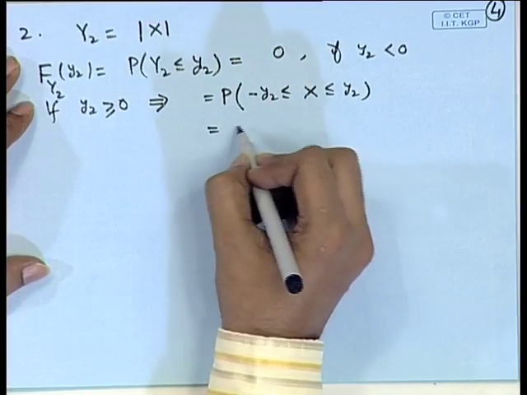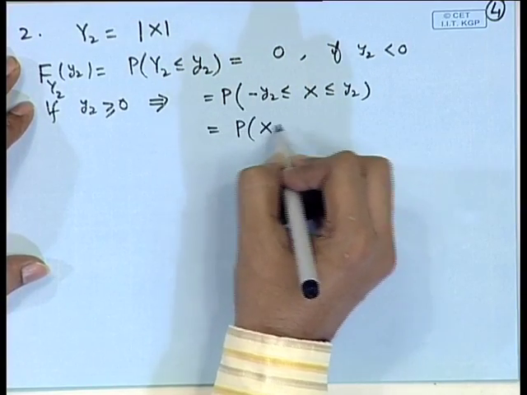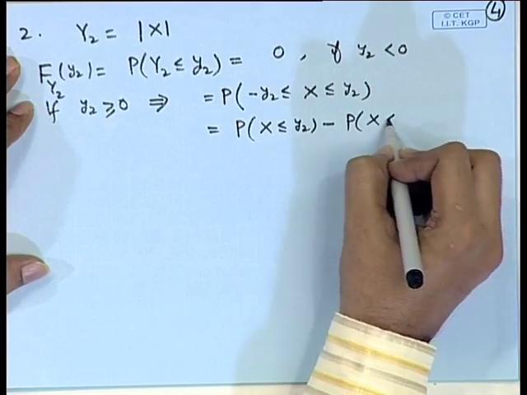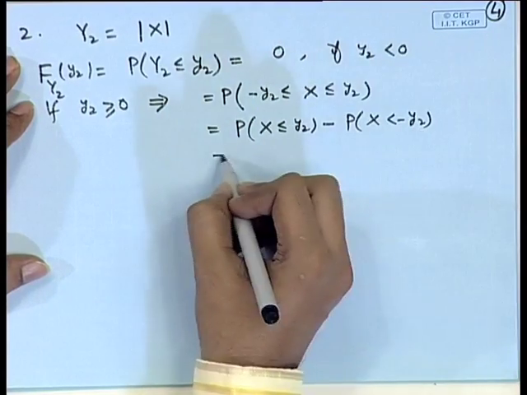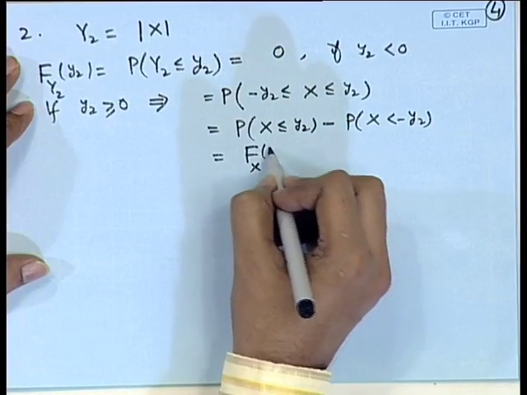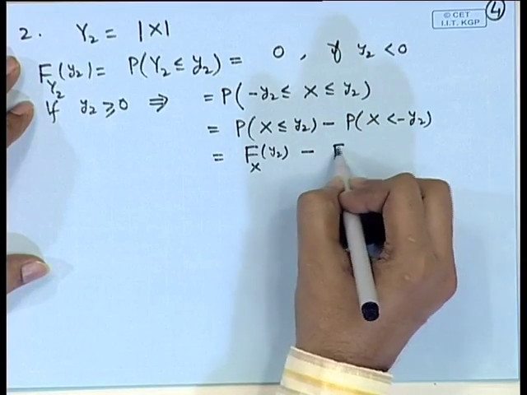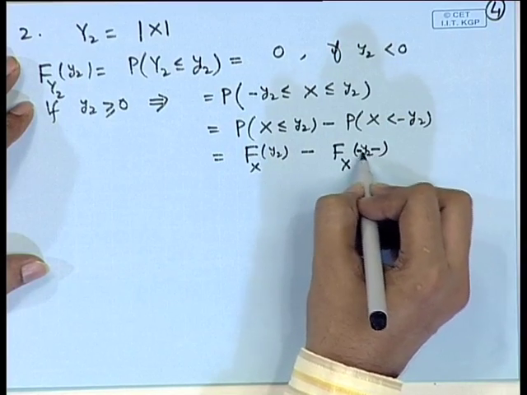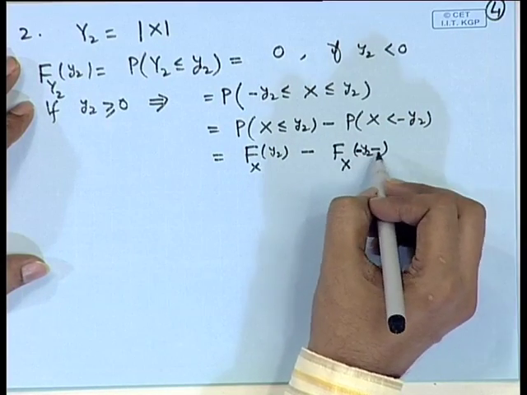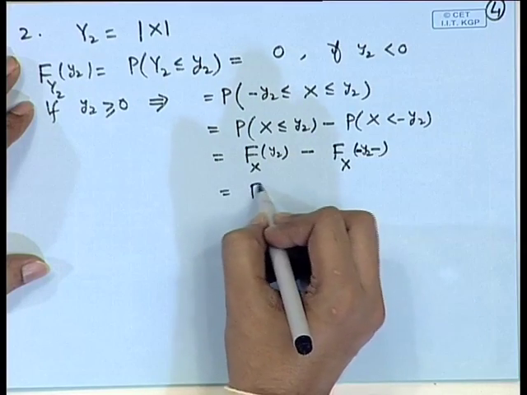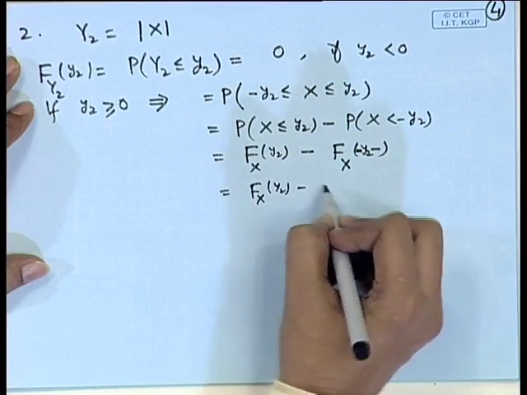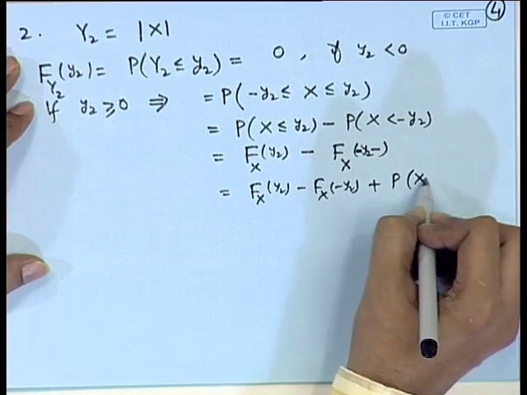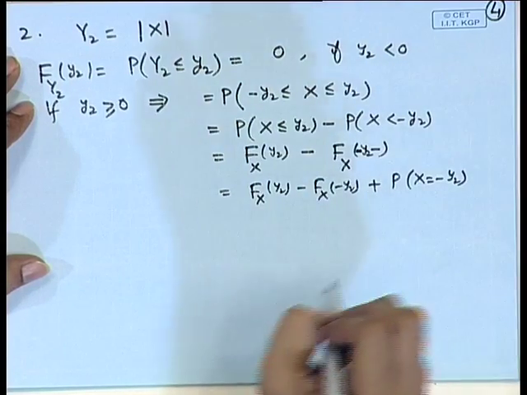So, this is equal to probability of x less than or equal to y 2 minus probability of x less than minus y 2, which is nothing but the CDF of x at the point y 2 minus the left hand limit of the CDF at minus y 2, or we can write it as F x of y 2 minus F x at minus y 2 plus probability of x is equal to minus y 2.